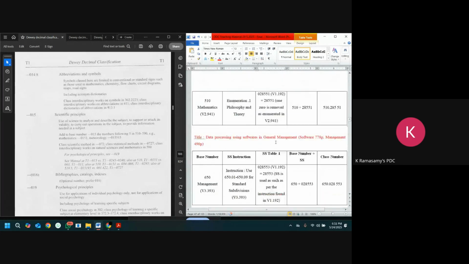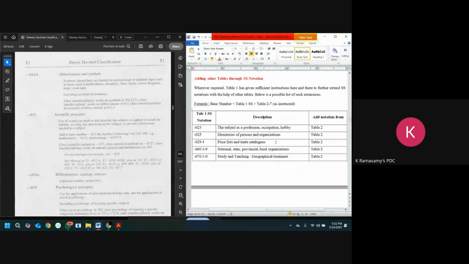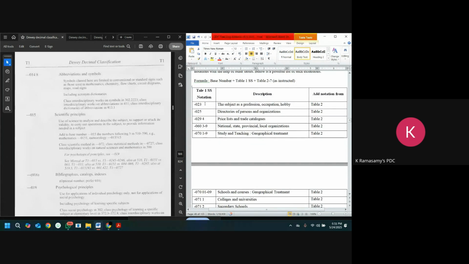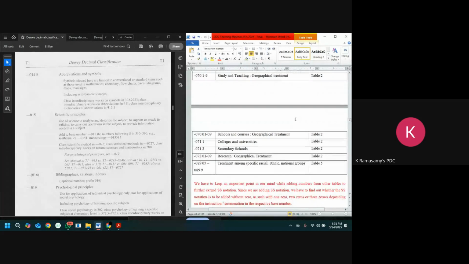Then comes, see, for example, the standard subdivision provides you many numbers. Using those numbers, you can borrow numbers from other tables and add them. For example, in standard subdivision, using 023, you can add numbers from table 2. 025, table 2. 0294, table 2. 08905, table 5.